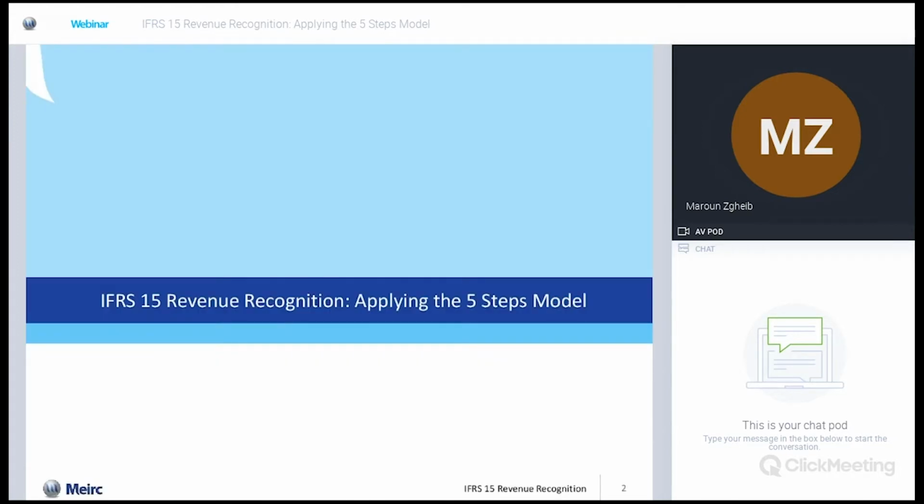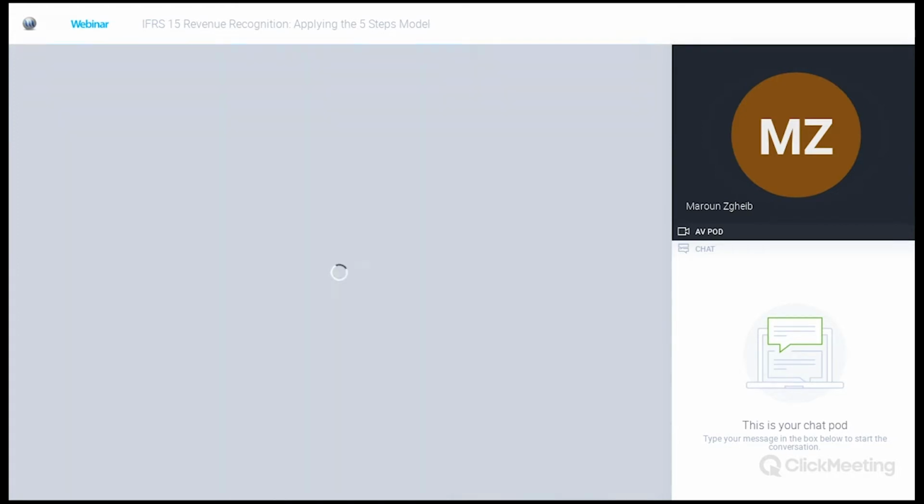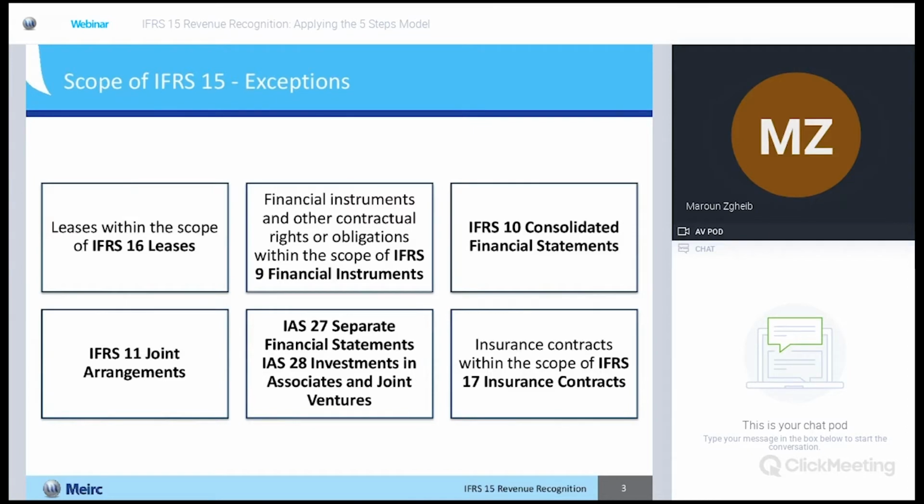In applying the 5 steps model in IFRS 15, we should know that it does not apply to certain standards in IASs and IFRSs. IFRS 15 applies to all contracts with customers, but not to IFRS 16 lease contracts. The lessor in a lease transaction, if he's selling the lease service, would account for it under IFRS 16. Not the gains, dividend income, unrealized and realized gains of financial instruments that are under IFRS 9.